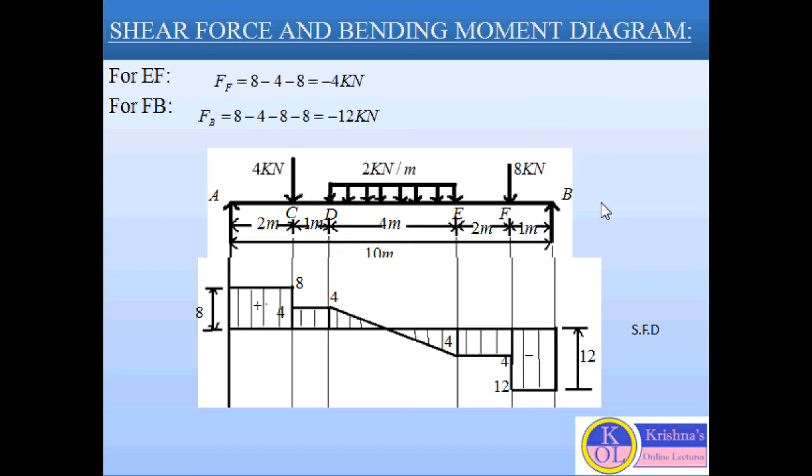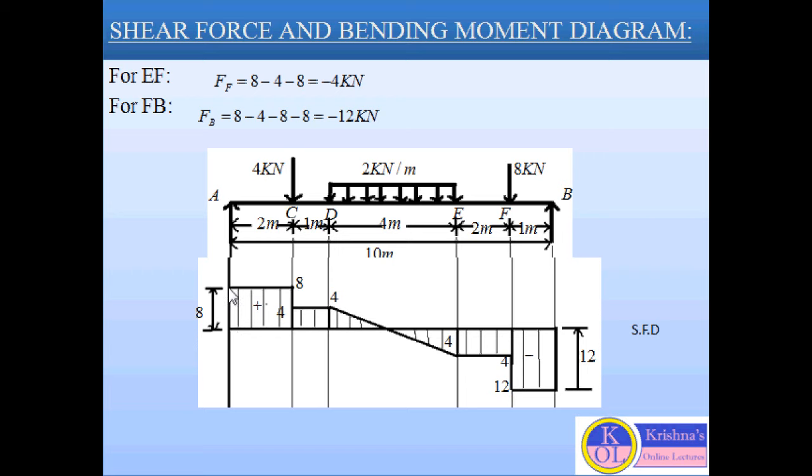So we can draw the shear force diagram here. For this, we have to make a horizontal line which is parallel to this simply supported beam. Now we will mark the shear force at point A. We already found the value of shear force at point A, that is 8, and it is positive.